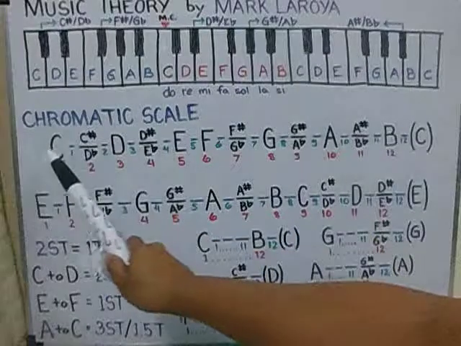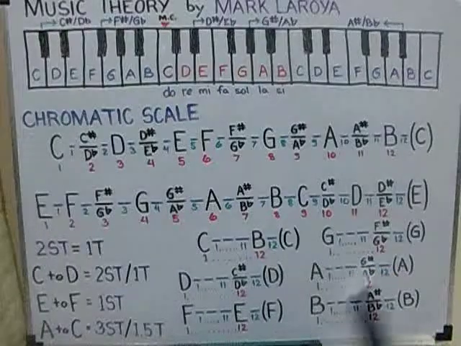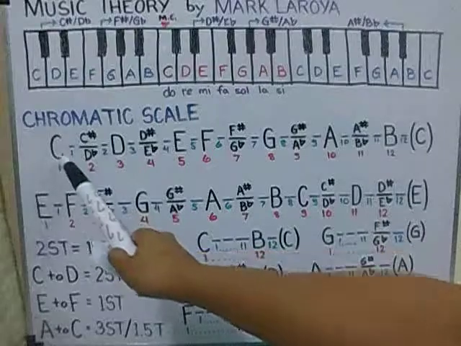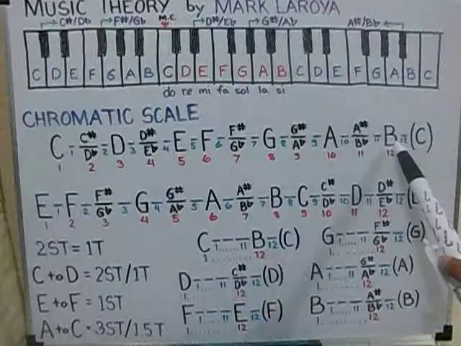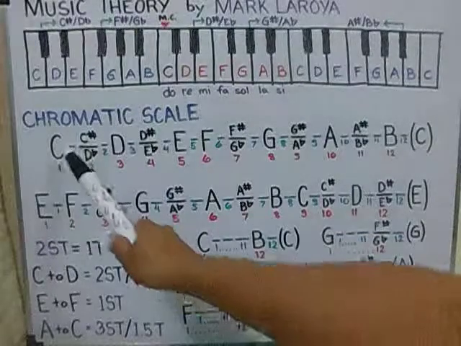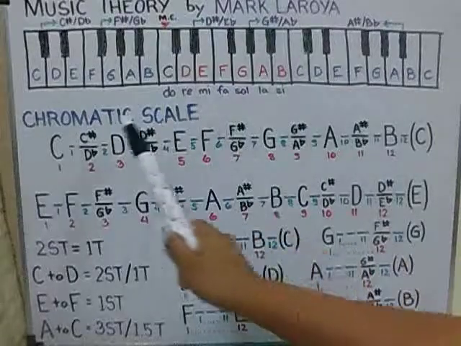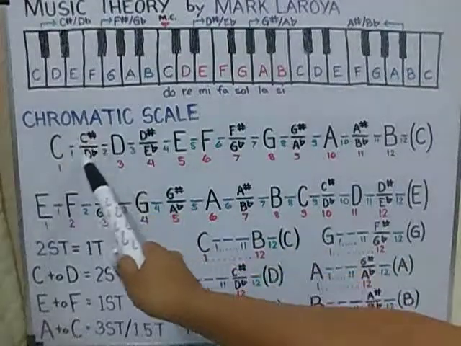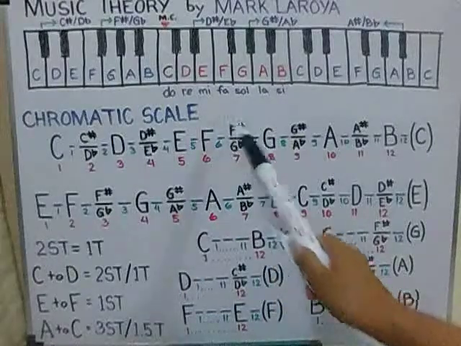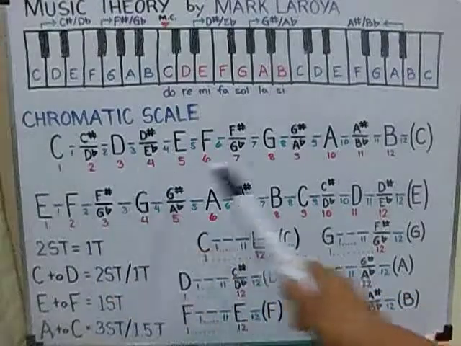We go back to the chromatic scale using C. So as we said, we are after the 12 different notes. If we're talking of the chromatic scale, C, D, E, F, G, A, B, and then the notes corresponding to the black keys. So 12 different notes.